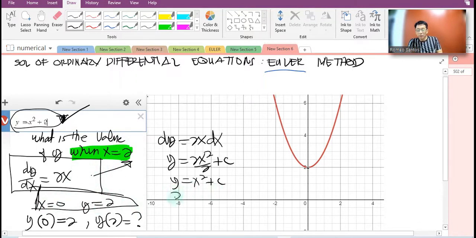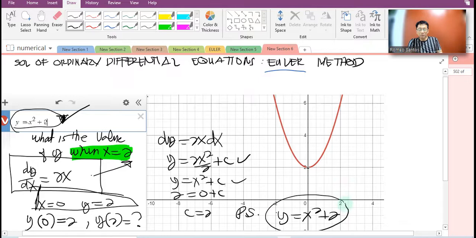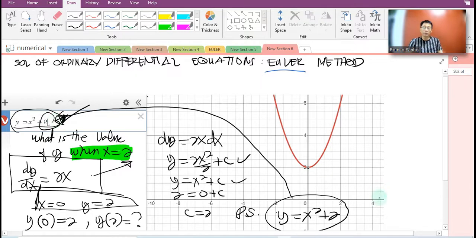So, this is 2, this is 0 plus c. C therefore is equal to 2. Therefore, yung solution niya, yung particular solution, yung original equation. Y is equal to x squared plus 2. O, di ba? Ito yung original na equation niya. Nakuha natin yung C na which is equal to 2.